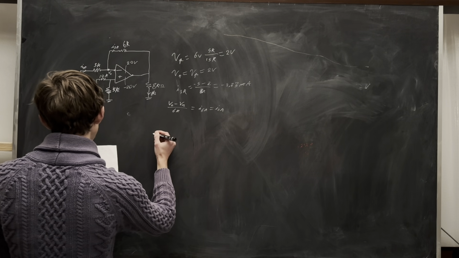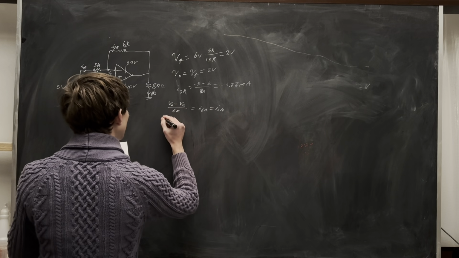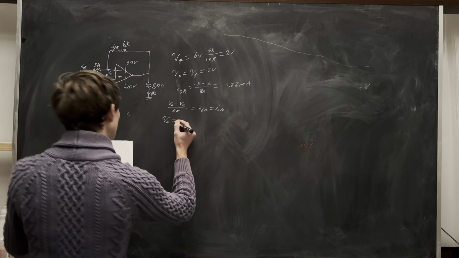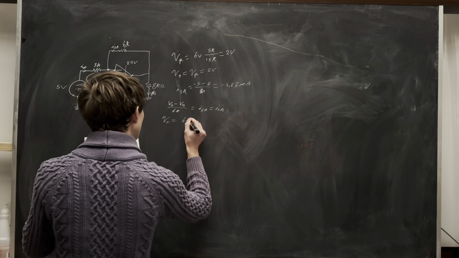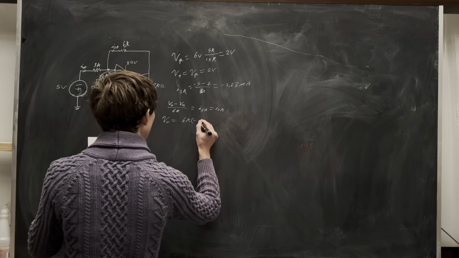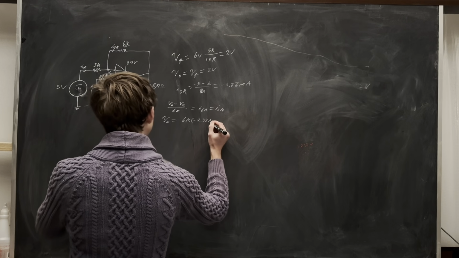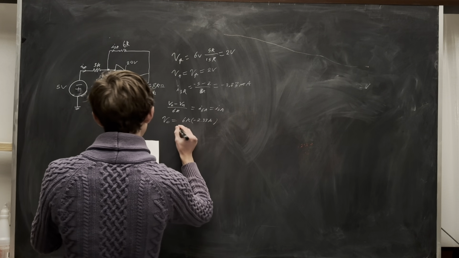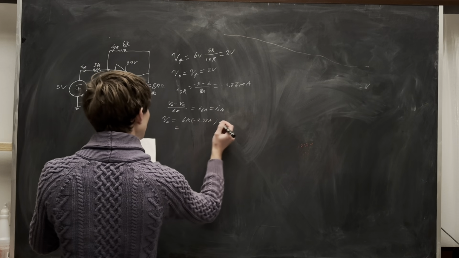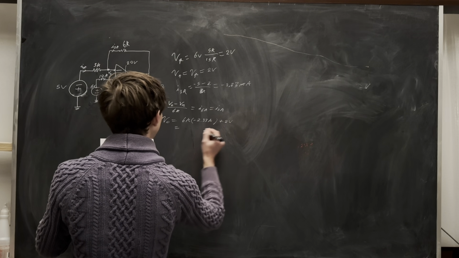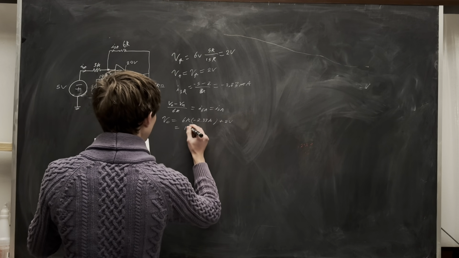If we solve that for V naught, we get V naught equals 6K times minus 2.33 volts. That's 16 volts.